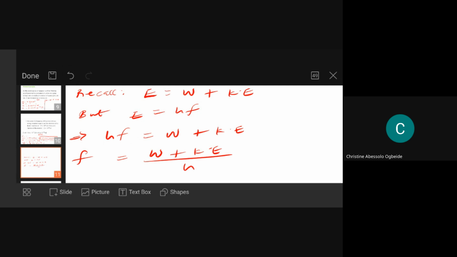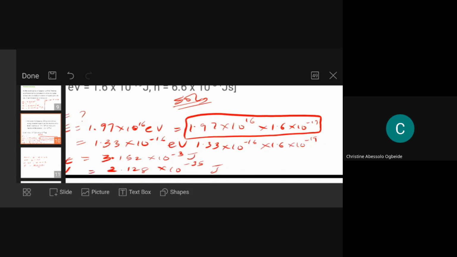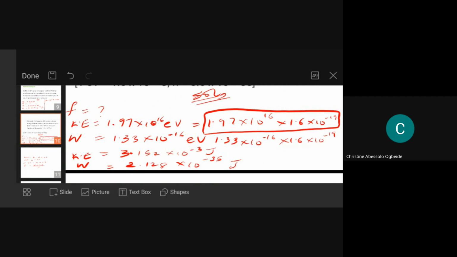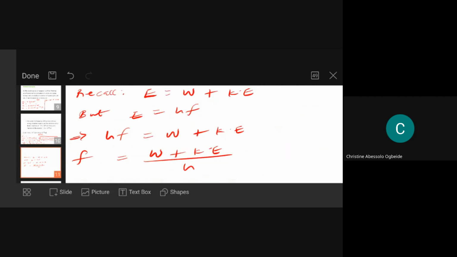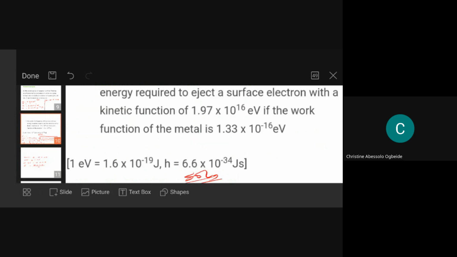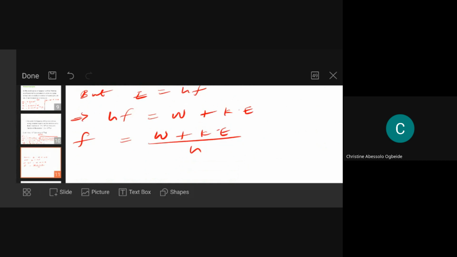All right. For the kinetic energy, the value is 3.152 times 10 to the minus 3 joules. I'll put it back into this equation. The work function was given to us as 2.158 times 10 to the minus 35 joules.